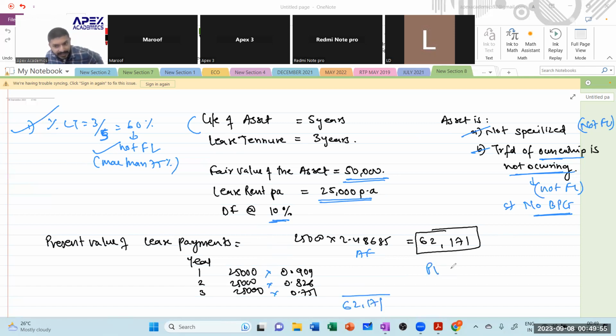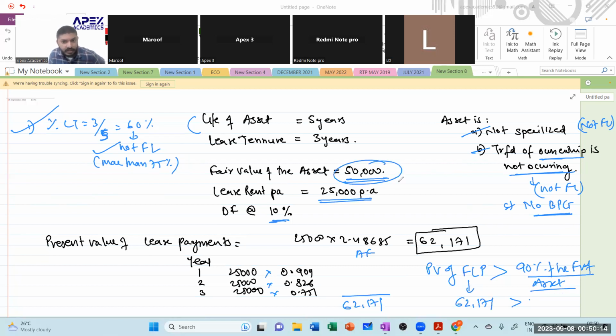Here, is the present value of future lease payments greater than 90% of the fair value of the asset? Yes or no? Yes. The present value is 62,171. What is the fair value of the asset? 50,000. What is 90% of this? 45,000.